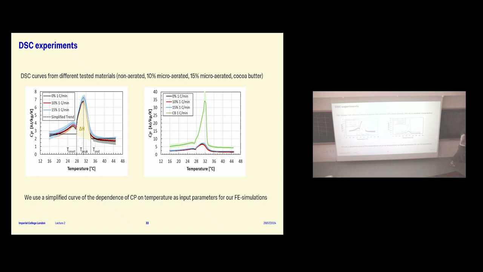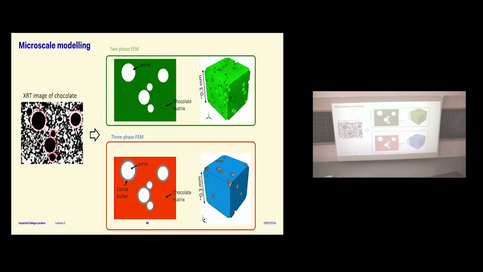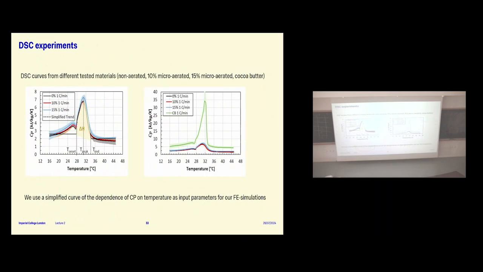Because remember, specific heat capacity is how much energy you need to put in per unit mass. If you put air, the mass does not change. So this is why we thought this could be important. We had a look at literature, and they said that very often around pores, the cocoa butter concentrates. So we have a ring, very thin ring of cocoa butter. And remember, I showed you earlier, the specific heat capacity of cocoa butter was a lot higher than the green curve, than the chocolate.